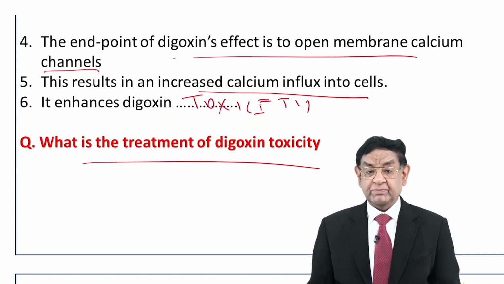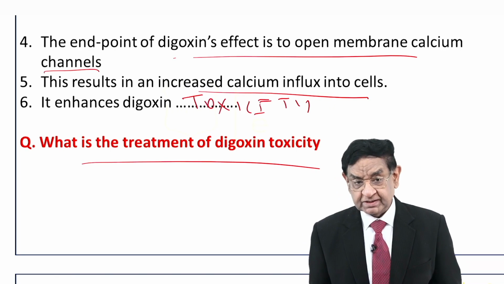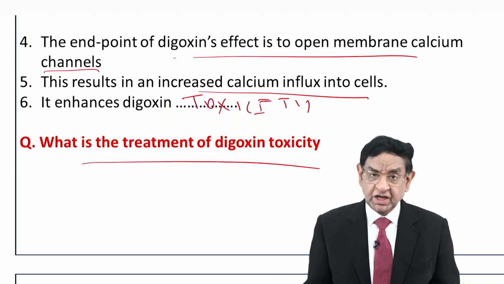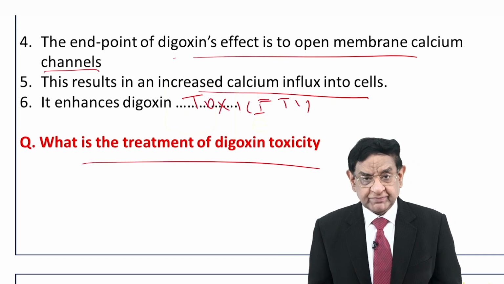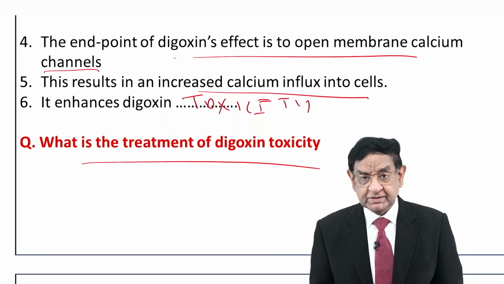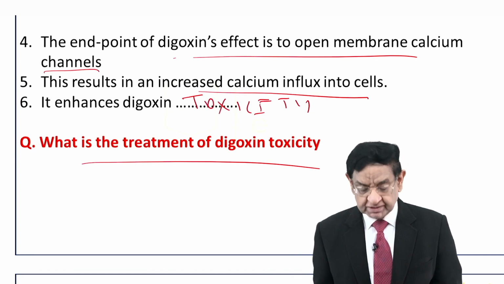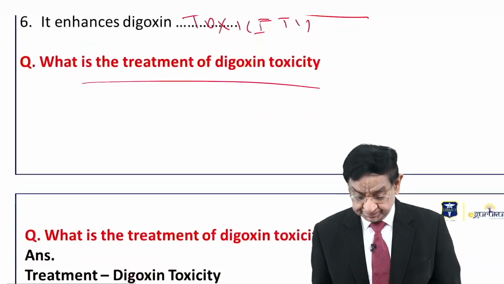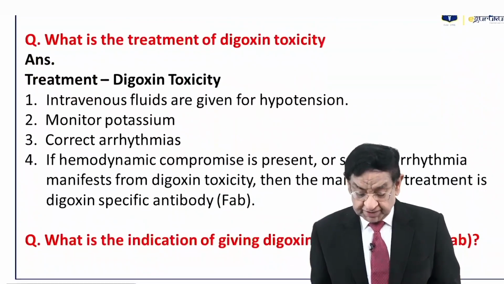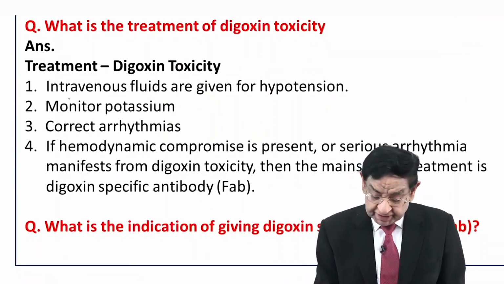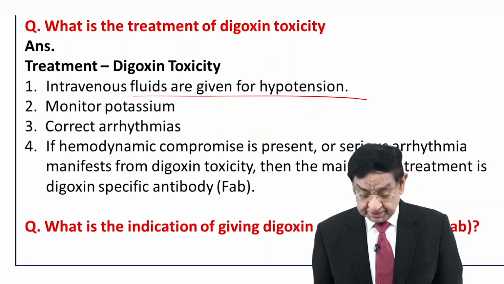Now, one more question for you. Write down the answer. What is the treatment of digoxin toxicity? Of course, no need to say that we have to withhold the drug digoxin, but if acute toxicity is there, how are you going to treat? Write down the answer in your copy. Well, treatment of digoxin toxicity: intravenous fluids are given for hypotension.